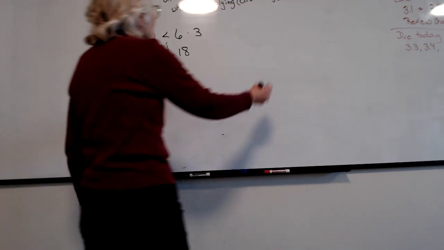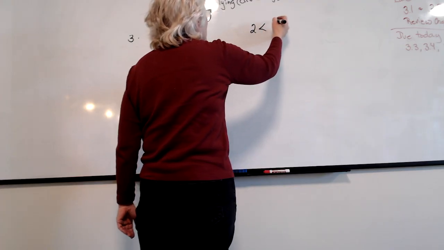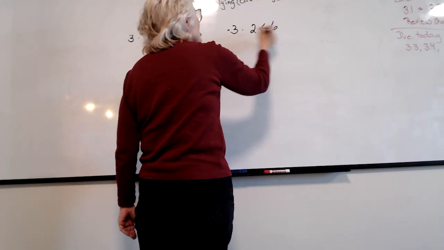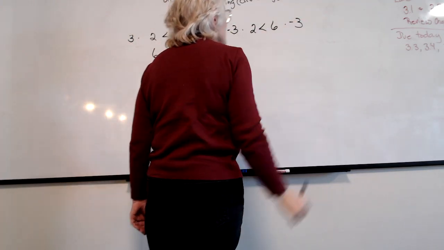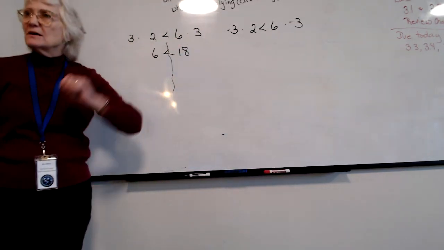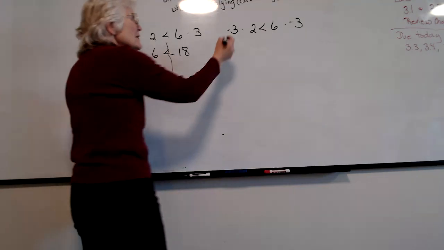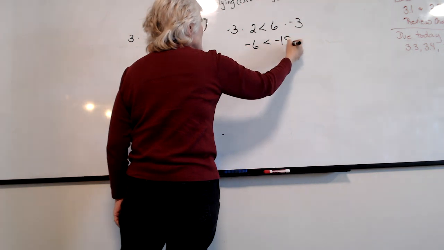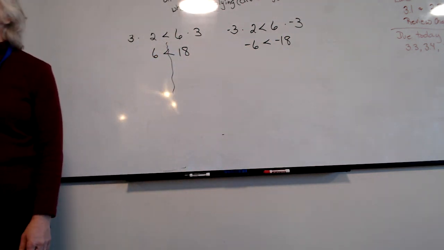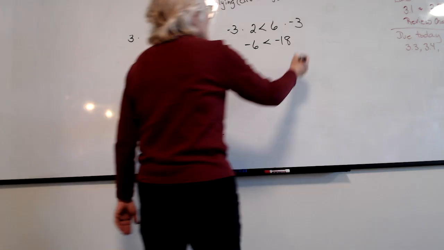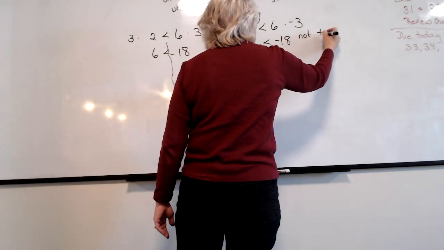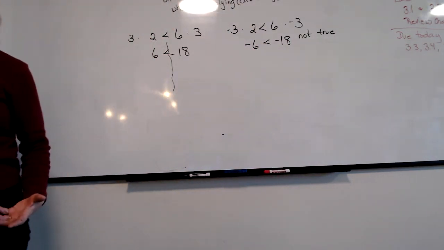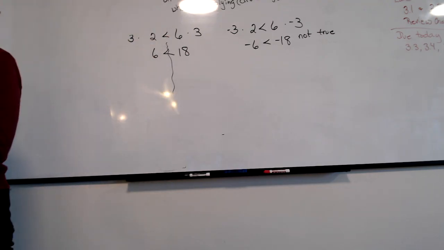Okay. What if I have 2 is less than 6, and I multiply it by a negative 3? Here I multiplied it by a positive 3. Negative 3 times 2 is negative 6, is less than negative 18. Is that still true? No, that's not true. So it looks like if we multiply by a negative, the inequality is not true. Could I write that a different way to make it true?